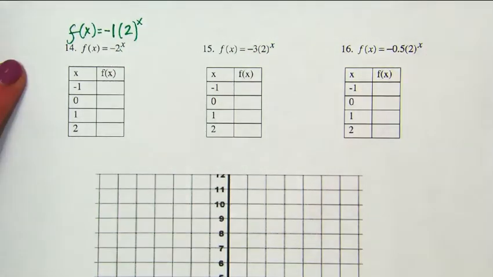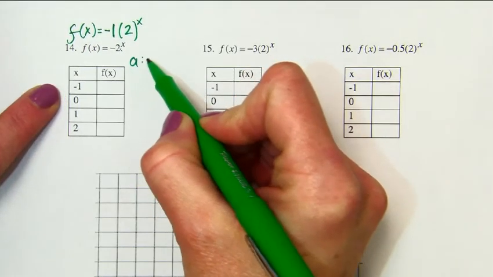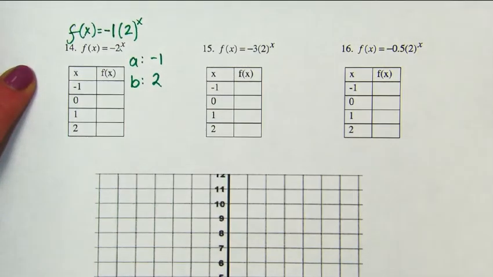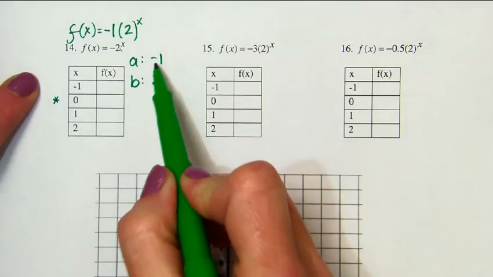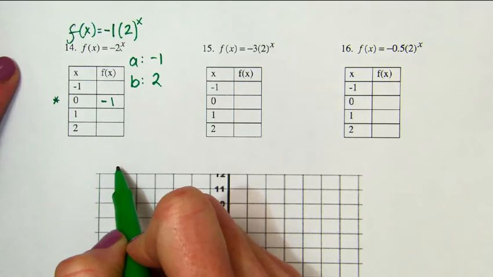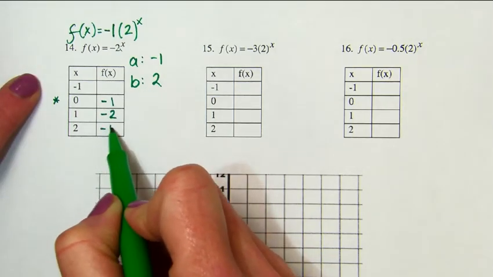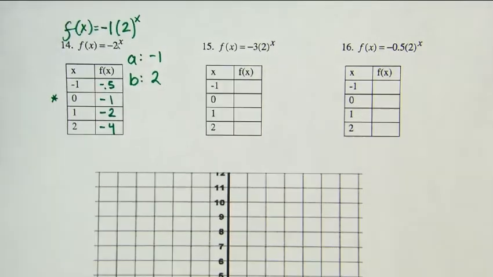Remember, that's why we spent all that time talking about the difference between a negative within the parentheses and not with our exponents. So my a is -1, my b is 2. From the last set of tables, we realize that the 0 is our y-intercept and so is the a. My ratio is 2, so I'm just going to double. And then we'll graph.